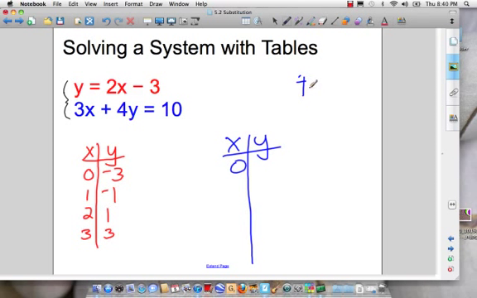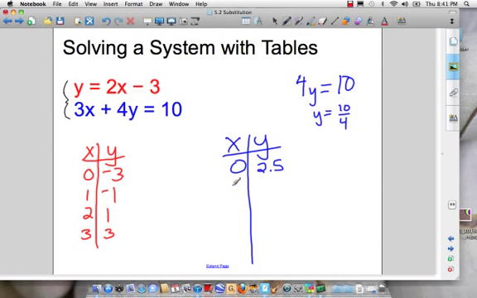If 4y is equal to 10, that means that y would be equal to 10 fourths, which reduces to 5 halves, or a lot of students prefer decimals, 2.5. So 0, 2.5, that's not a solution to the system.